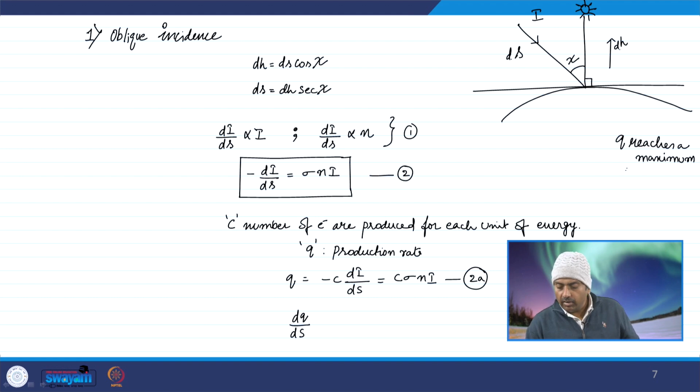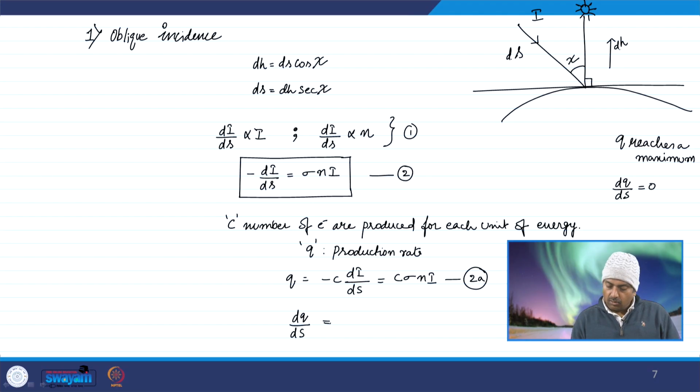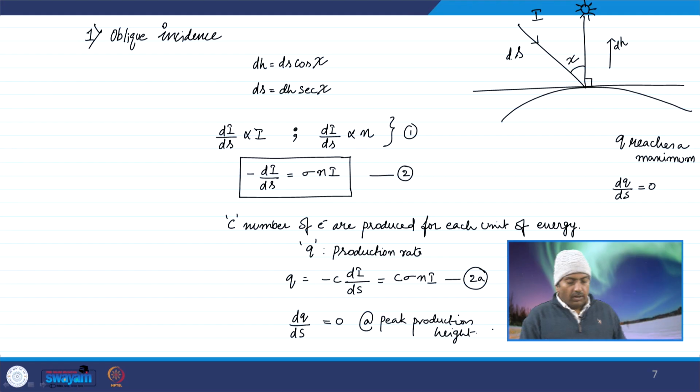If you take a derivative of Q with respect to S, dq by ds has to be 0 at that point, at the point of maximum. As simple as that, right. So, dq by ds has to be 0 at peak production height. We are doing the entire theory in terms of the oblique distance, not the vertical distance, right.